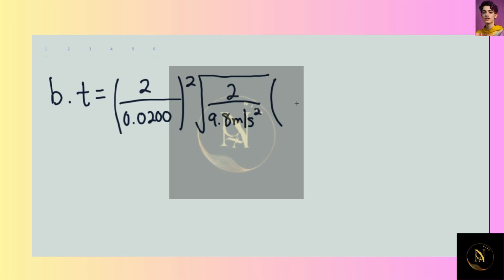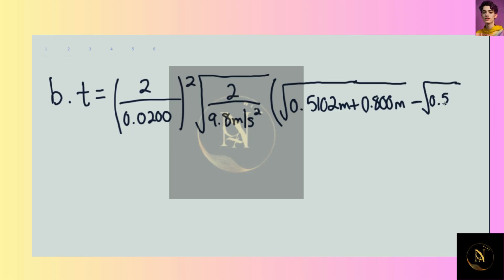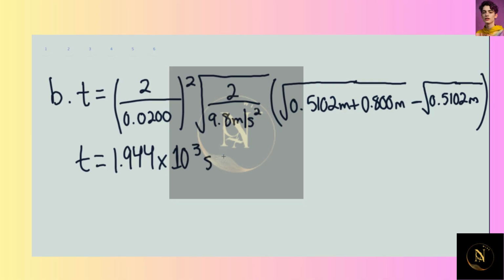And this would be multiplied by the square root of 0.5102 meters plus 0.800 meters, minus the square root of 0.5102 meters. And we find that T is equaling 1.944 times 10 to the third seconds. And if you wanted to divide by 60, we have approximately 32.4 minutes.